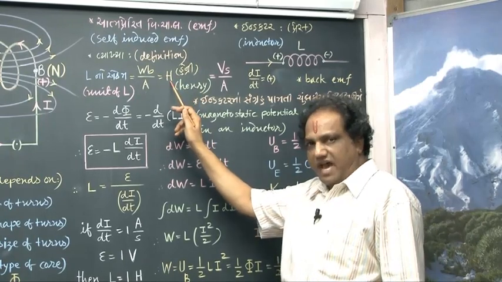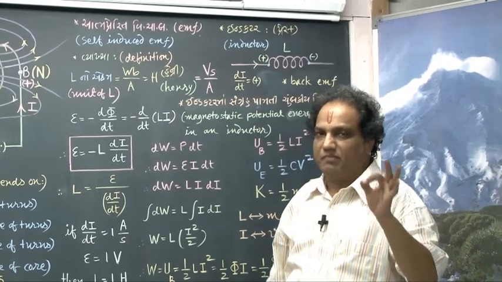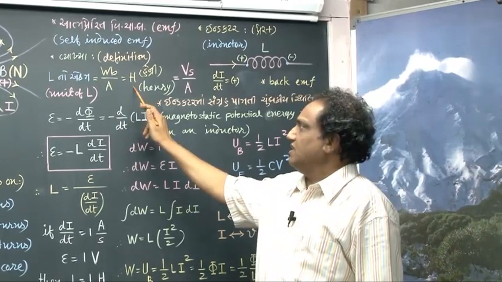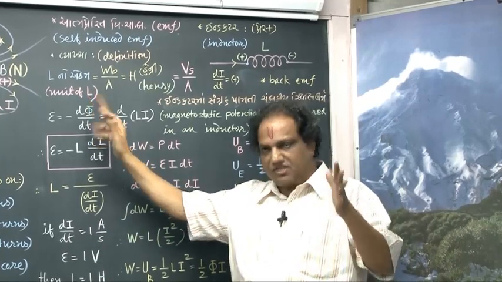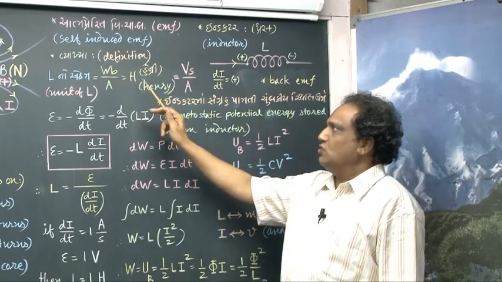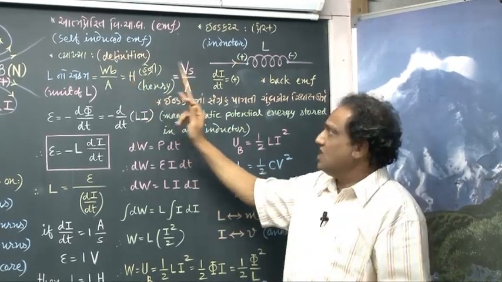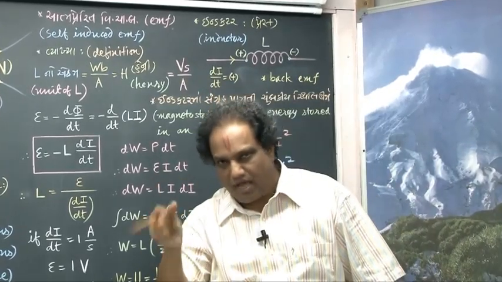Symbol is capital H. Name is Henry. In the memory of scientist Mr. Henry, we have given the symbol capital H for the unit of self-inductance. Okay. Now, in a later article, I'll show you this Henry can be written as volt into second upon ampere. Volt into second upon ampere.